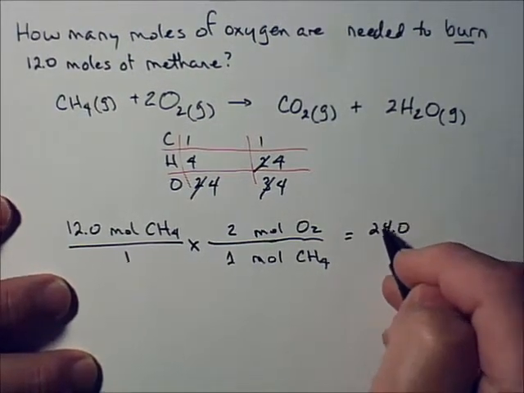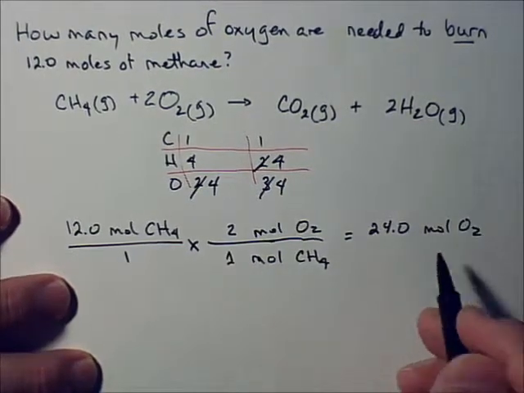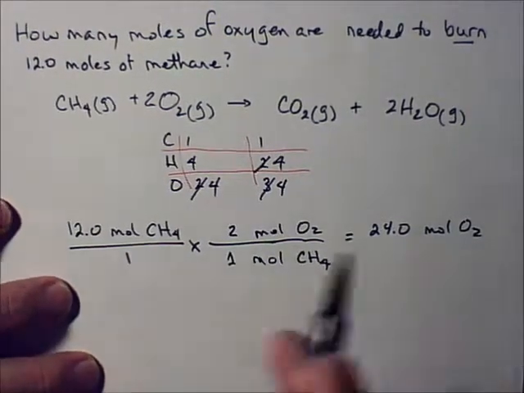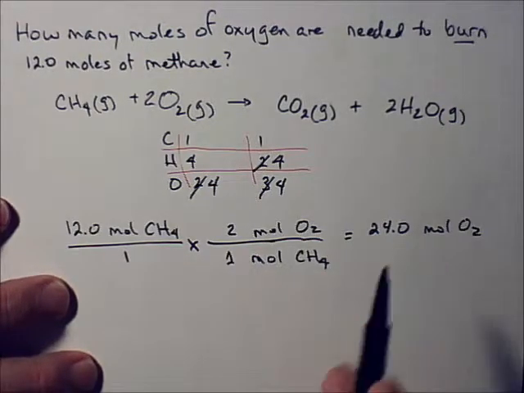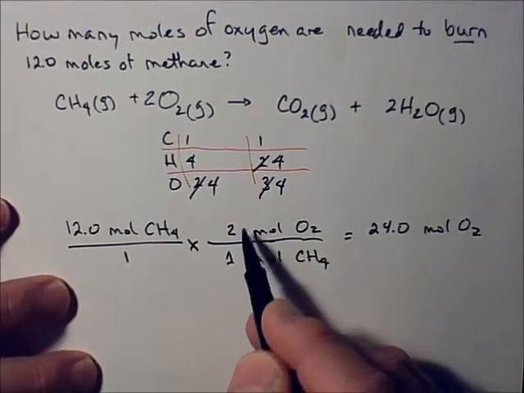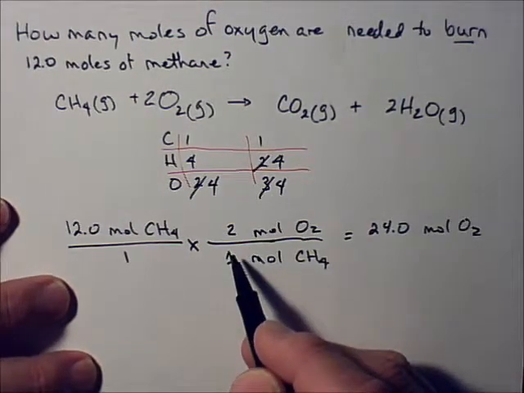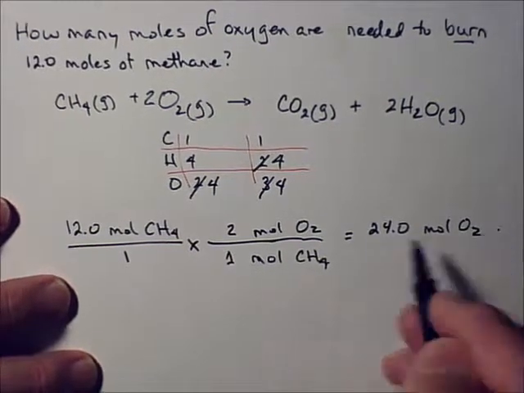Easy peasy. Why did I keep that 0? Significant digits. I got 3 significant digits here. Counting numbers don't matter when figuring out significant digits. So my final answer needs to have that same number of significant digits.